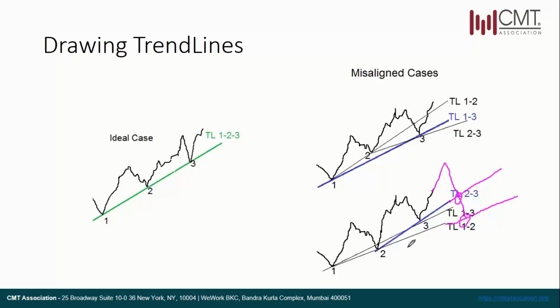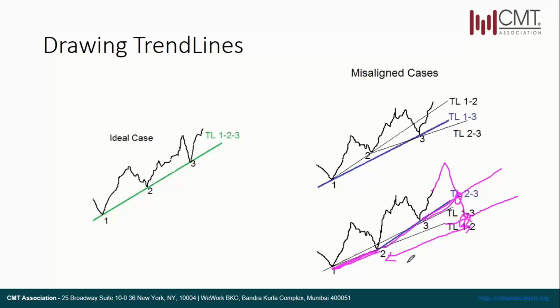And the other thing is that if you look at this closely, we talked about the spacing concept, and the distance between 1 and 2 and then 2 and 3 looks even. When there is a breakdown, ideally the breakdown should also happen at a very similar spacing, so that the concept of symmetry is there. But if we consider the 1 and 2 trend line, the first distance between 1 and 2 is this much, and when the breakdown would have happened at this point, the spacing would not have been in sync.